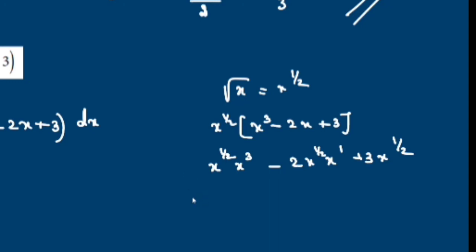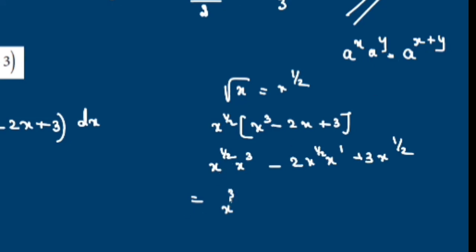So this is equal to x power, add. You know the laws of exponents: a power x into a power y, if you have the same base, you can add, a power x plus y. Whenever you multiply a power x and a power y, it is a power x plus y. So here x power, add these two.